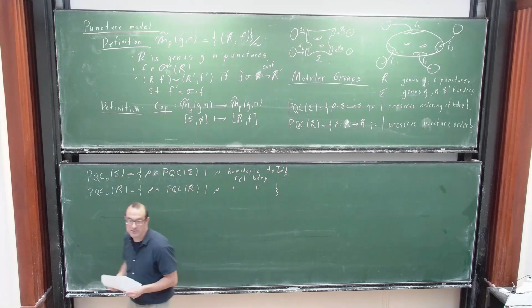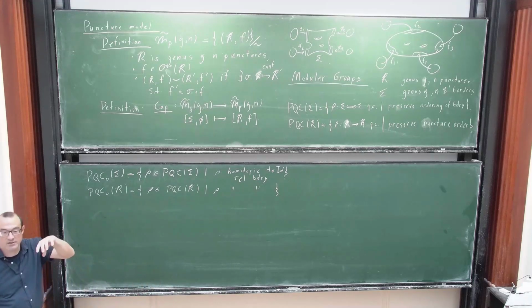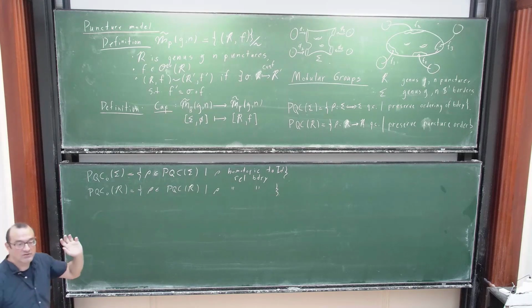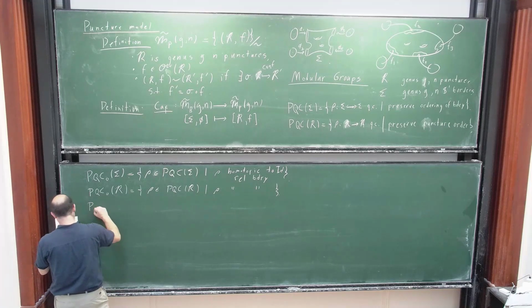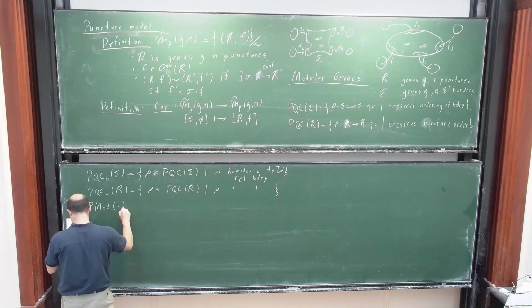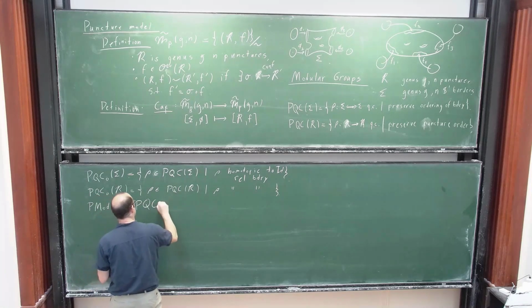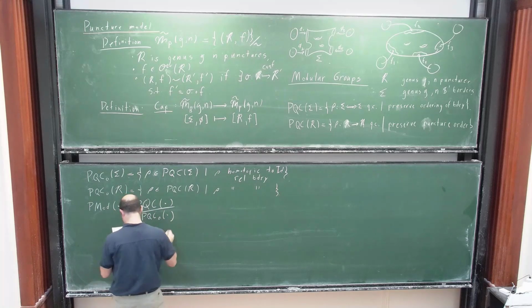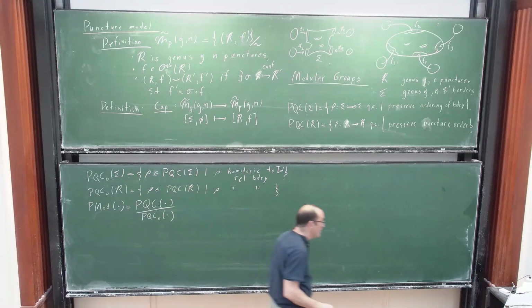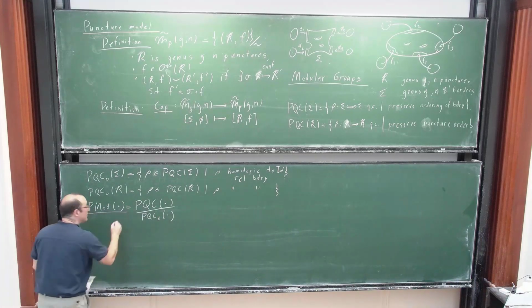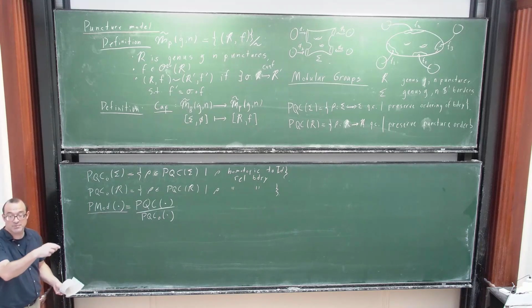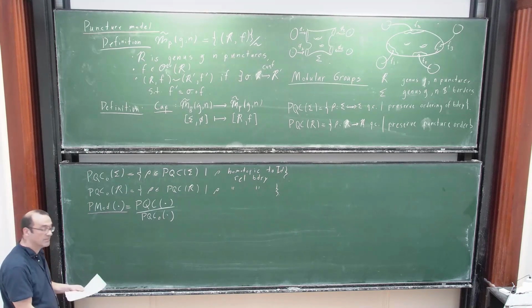But if you think about it, the homotopy rel boundary condition becomes vacuous in the case of punctures because we're already preserving the ordering, and that's all you need. And so now finally I can say PMod is PQC mod PQC0. So Mod stands for modular, P stands for pure because it's preserving the ordering of the boundaries or punctures.